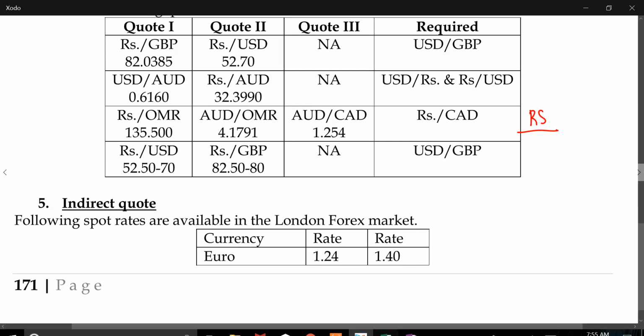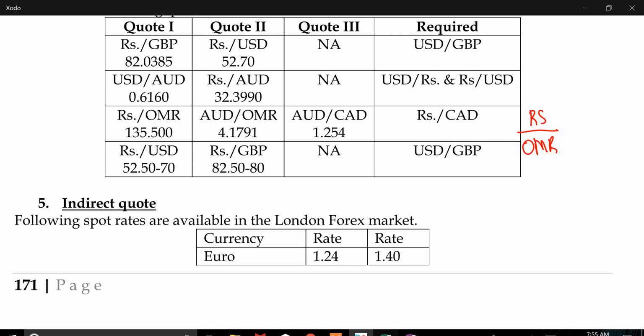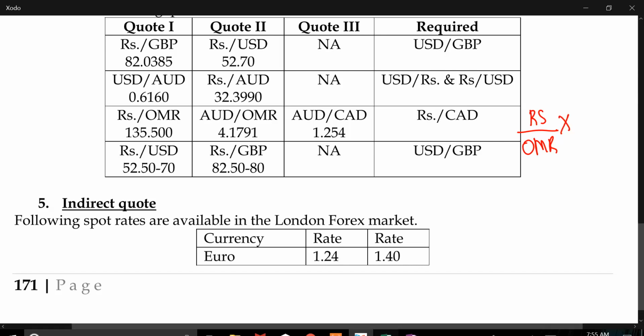OMR. So it becomes rupee by OMR. The currency involved with rupee is OMR. Now I have to cancel OMR, so into OMR by the next currency. With OMR, which currency is there? AUD. Now I have to cancel AUD. With AUD, which currency is there? CAD. That's all. We have come to our formula, AUD by CAD.